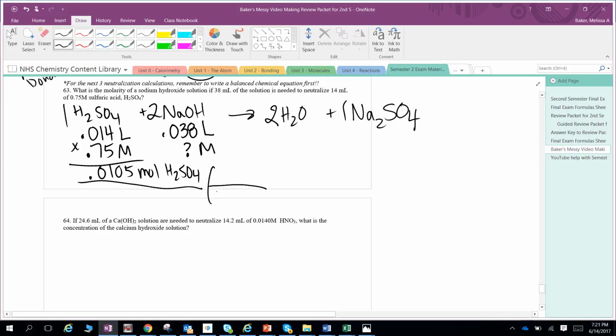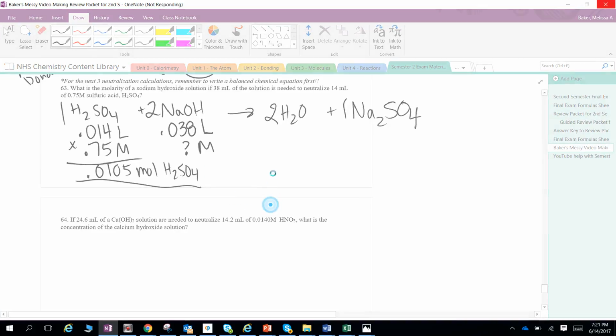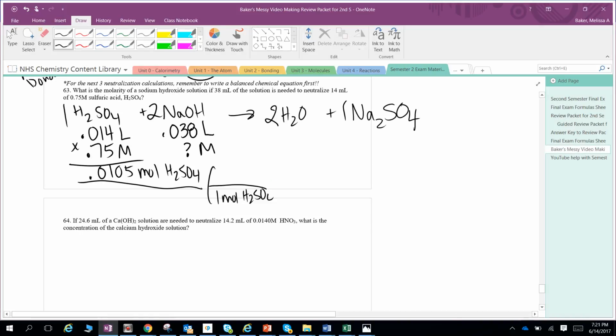Well, for every 1 mole of H2SO4 from the balanced equation, you need 2 moles of NaOH.